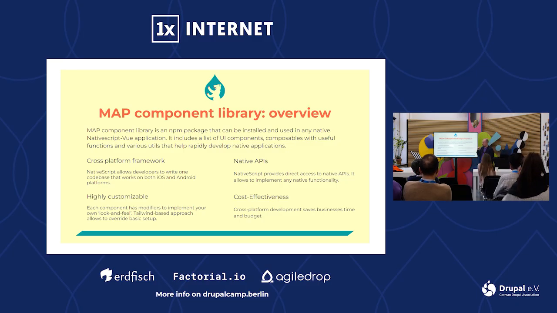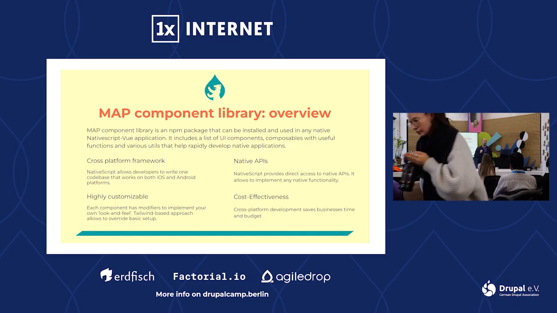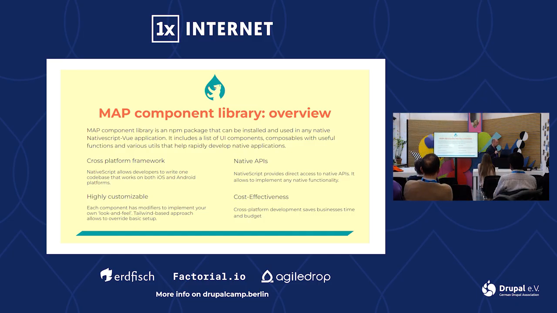So for the front-end part we have a component library. It's npm packages, and it's built for NativeScript Vue applications. NativeScript itself is a cross-platform framework. That means that we have one code for both platforms, iOS and Android. With NativeScript we can use and integrate native APIs.